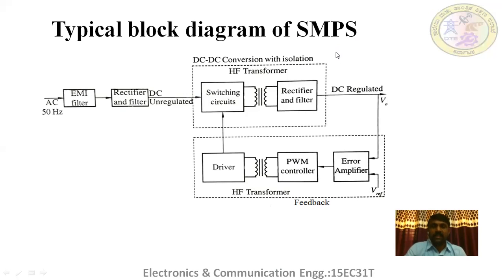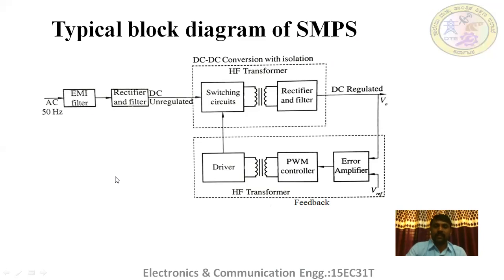Interference means it is noise. It may be electromagnetic interference, or some other radio frequency interference, due to the switching action of the pass element in the regulator. Therefore, that interference can be removed or suppressed by the filters.